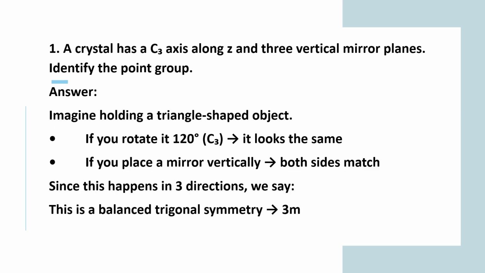To solve this question, we can approach it like this. Imagine holding a triangle shaped object. If you rotate it by 120 degrees, it will look the same. And if you have a vertical plane of mirror, the mirror is going to bisect the side of the triangular object in such a way that both the sides will coincide.